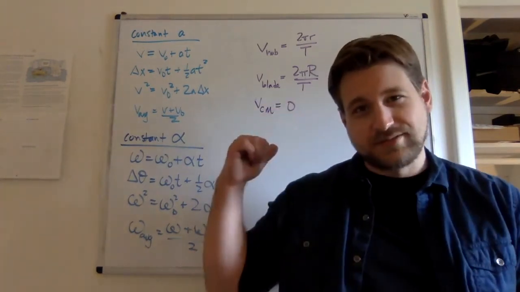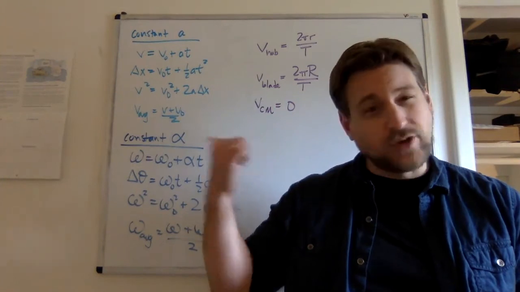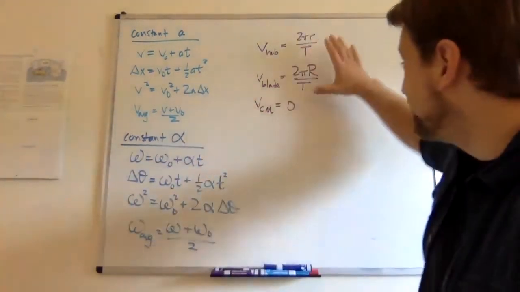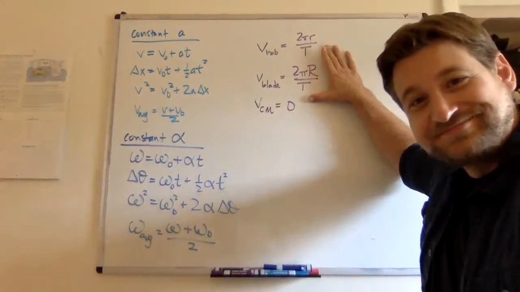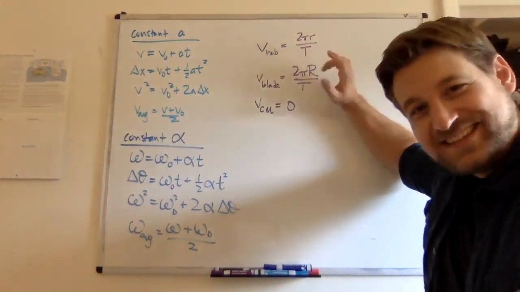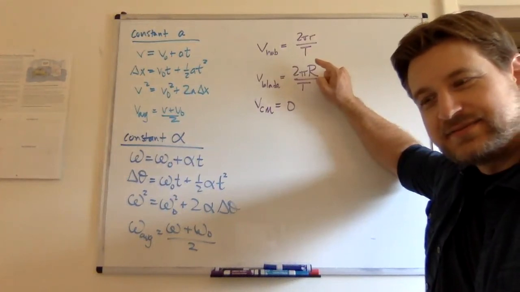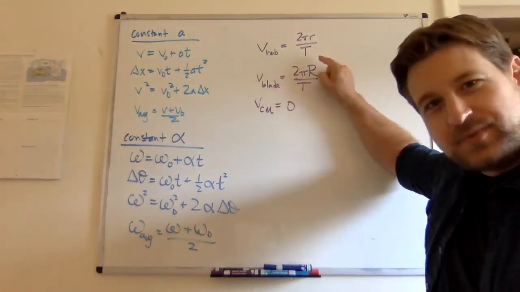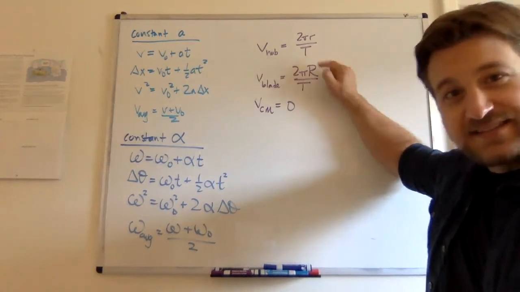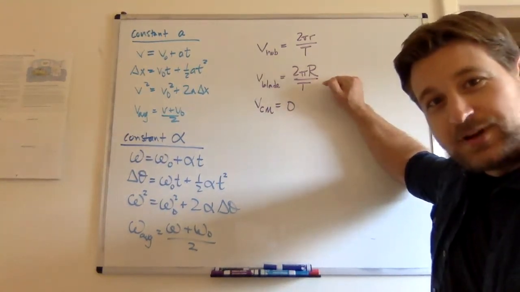None of this can take away from the fact that I know this stuff to still be true, though. That the actual speed of a point on the hub is less than the actual speed of a point on the blade.